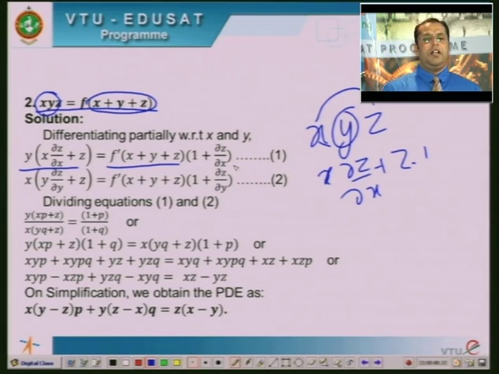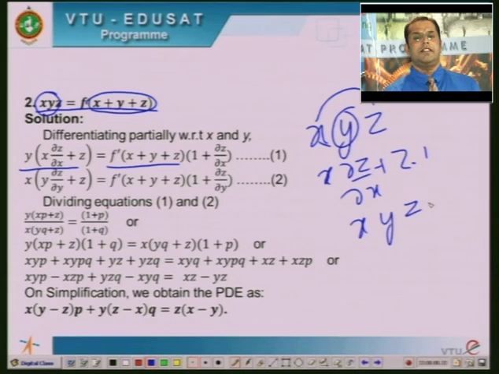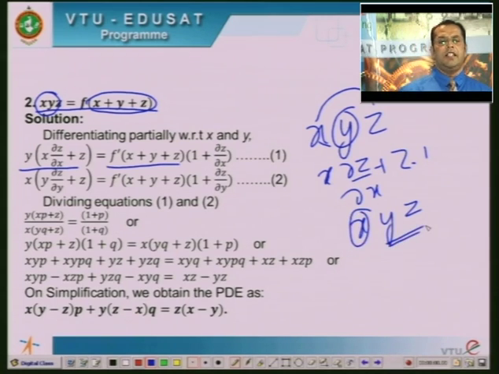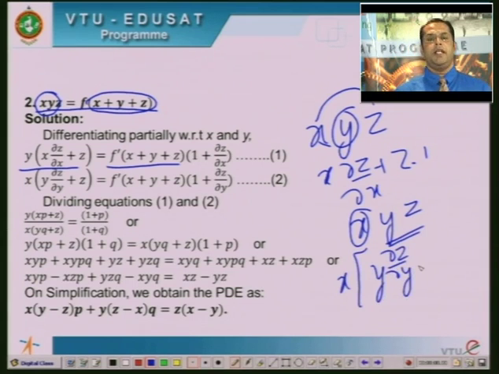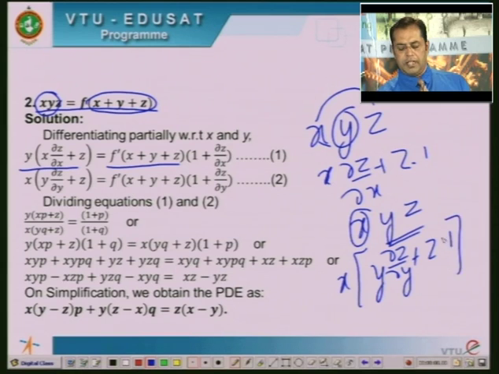Similarly, differentiating partially with respect to y, in the LHS in the product xyz, x is a constant. So, take it outside and apply the product rule for y and z. That will give you x into y times the derivative of z with respect to y, which is ∂z/∂y, plus z into the derivative of y, which is 1.